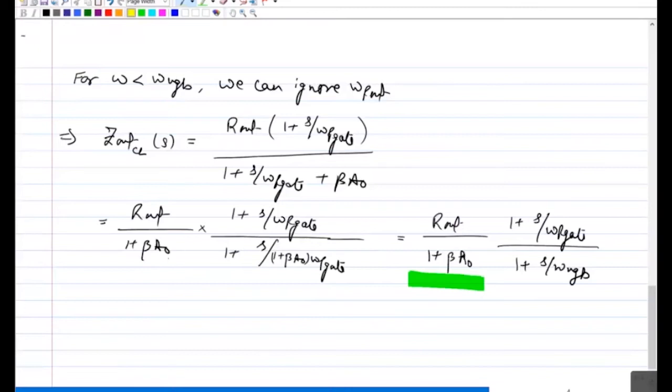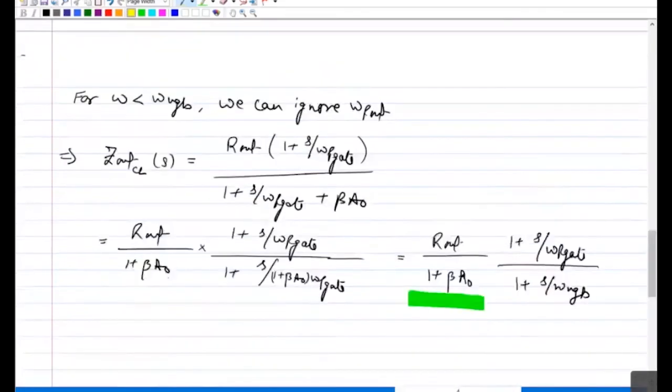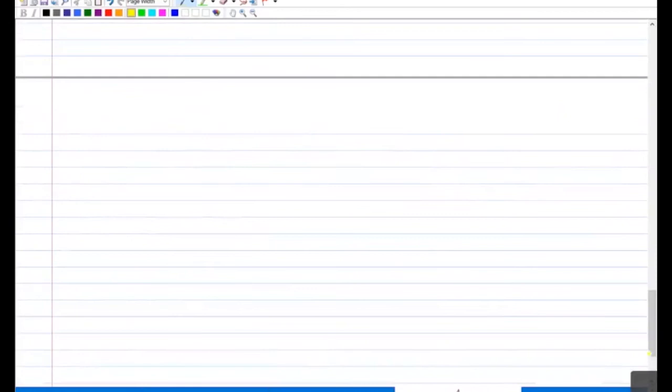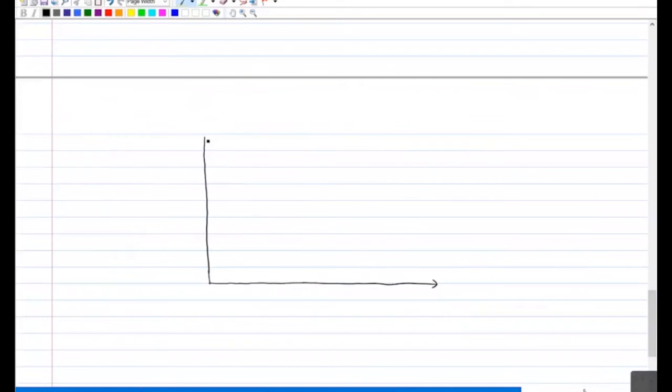So if I want to plot this impedance, let's do the Bode plot. Okay, Z out closed loop S. I'm plotting the magnitude of this. Let me use a different color.